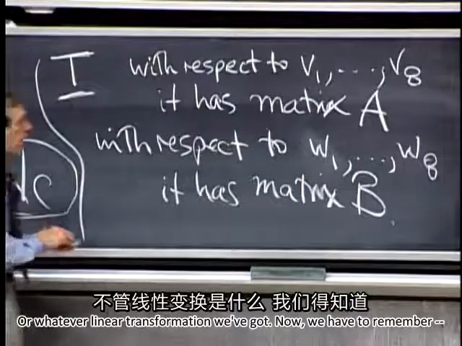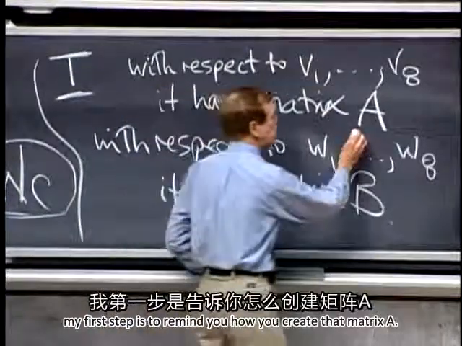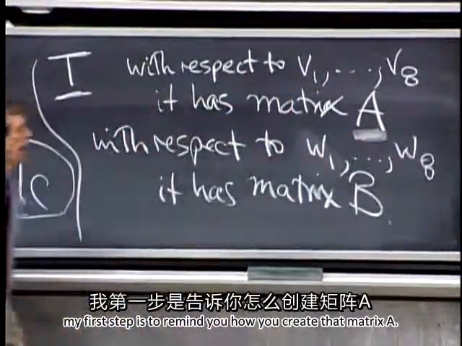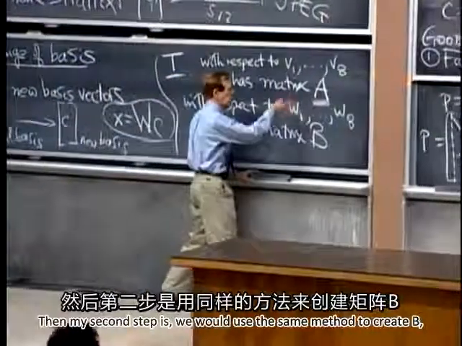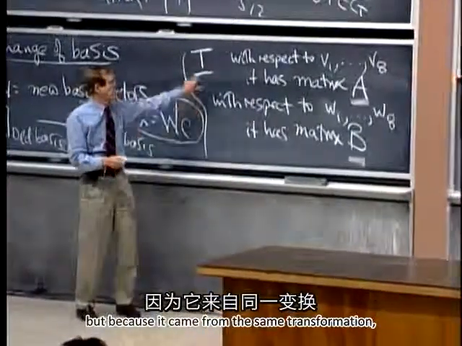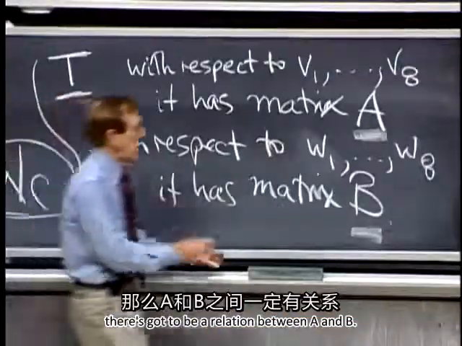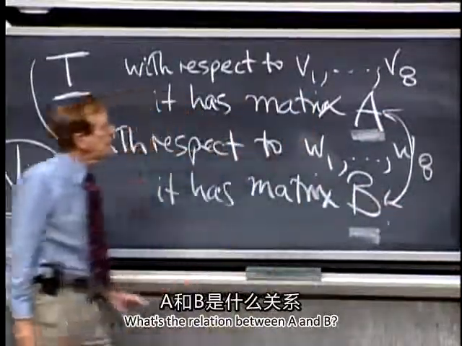Now we have to remember. So first, my first step is to remind you how you create that matrix A. Then my second step is we would use the same method to create B, but because it came from the same transformation, there's got to be a relation between A and B. What's the relation between A and B?